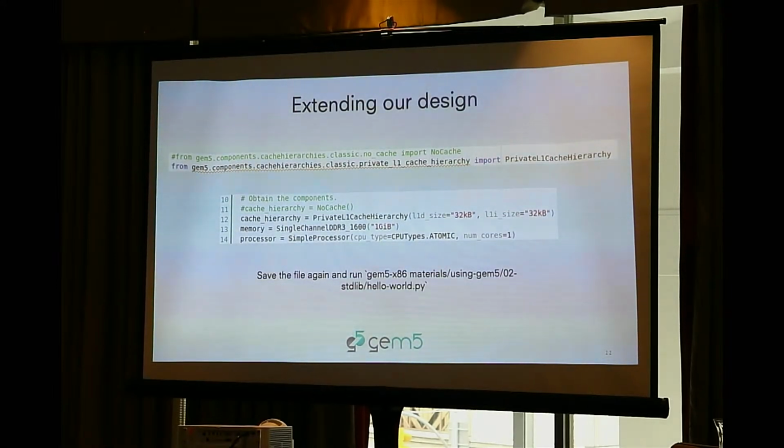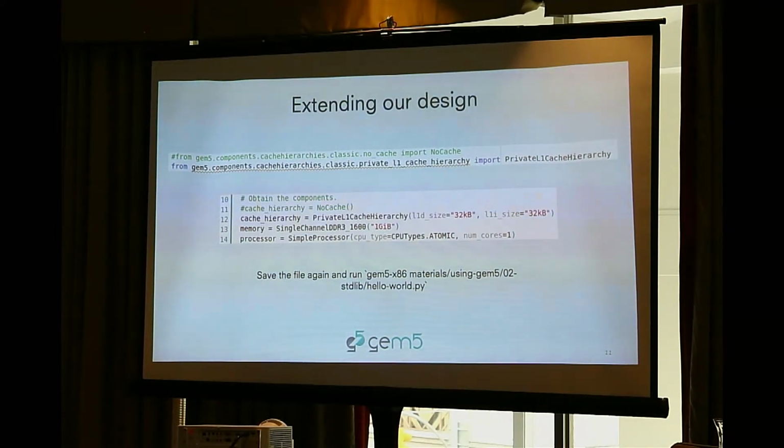So now is good for me to run down what you should have learned so far. When you use the gem5 standard library to build a simulation, at the center of your design is the board, which accepts a processor, cache hierarchy, and memory system. You can plug these in a modular way to get the system that you want.